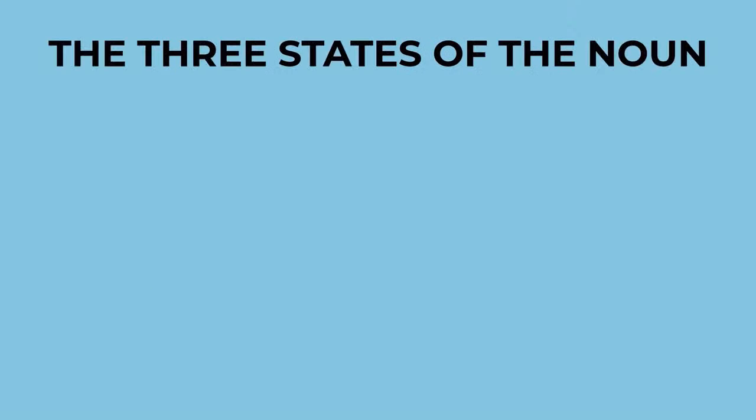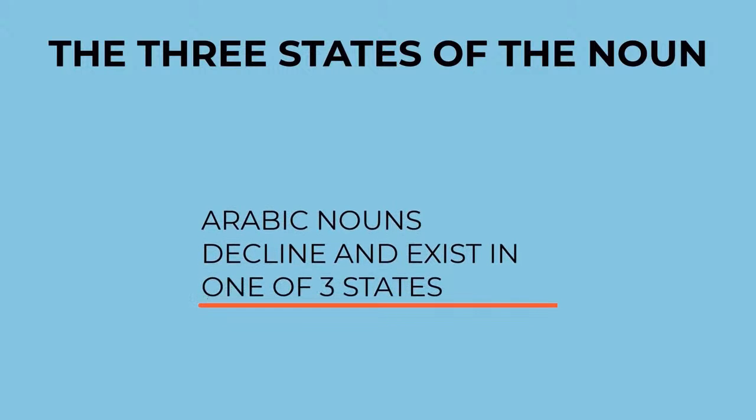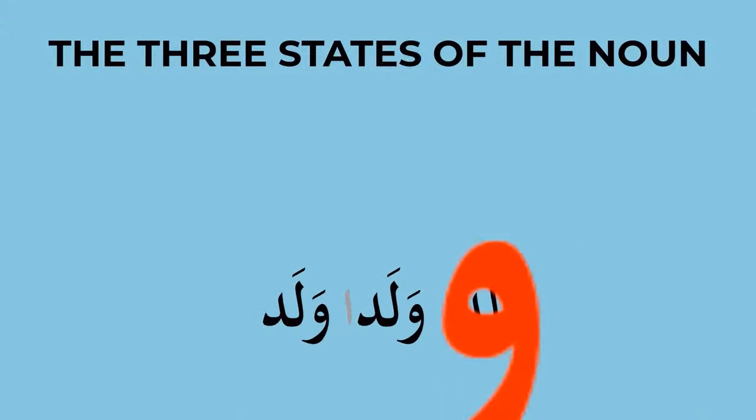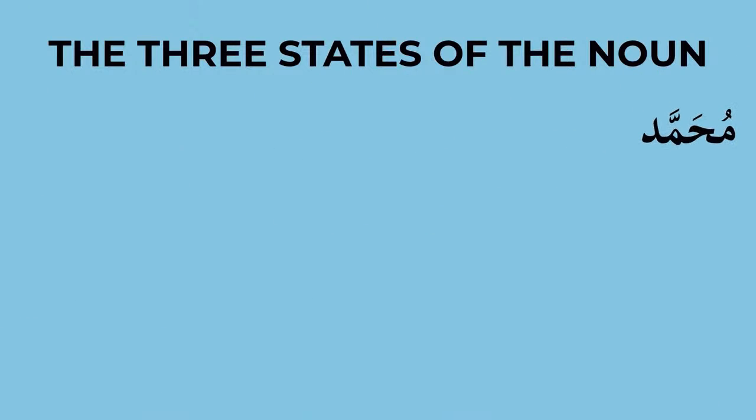Now, in Arabic, the nouns decline. Declension of nouns. You already know it, but you have never realized it. Why? Now I will give you examples. Brother, Muhammadun Rasulullah.